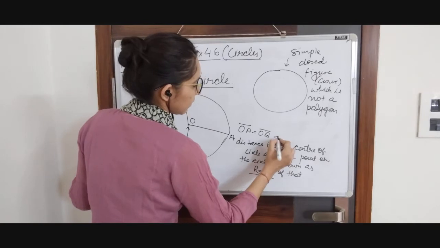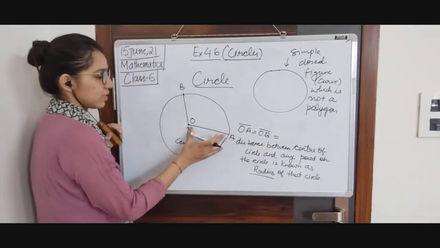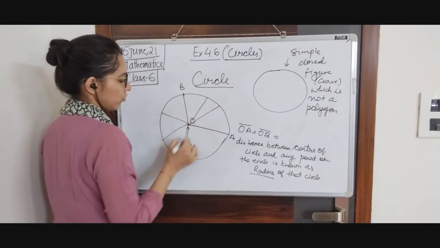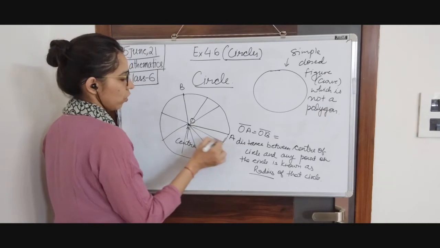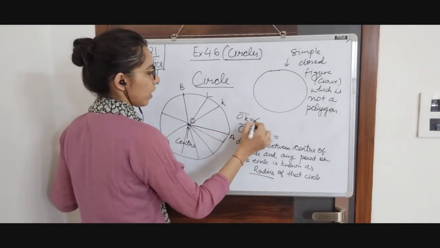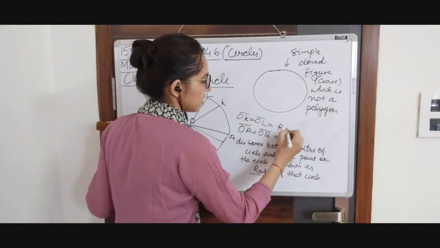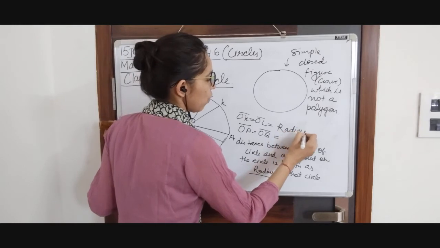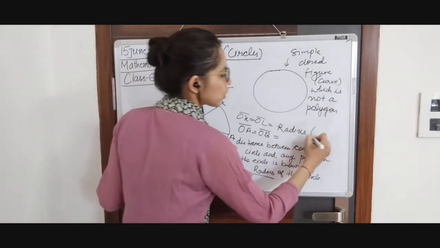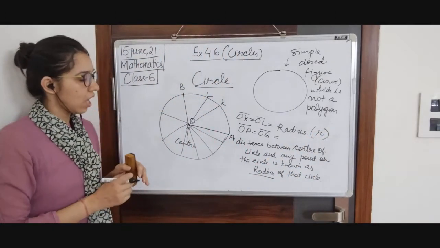In this case, this distance is going to be the radius. It is always going to remain the same. Take as many line segments as you can draw, OK, OL, and so on. These are all going to be the same, and these distances are called the radius, and we represent it by a small r.